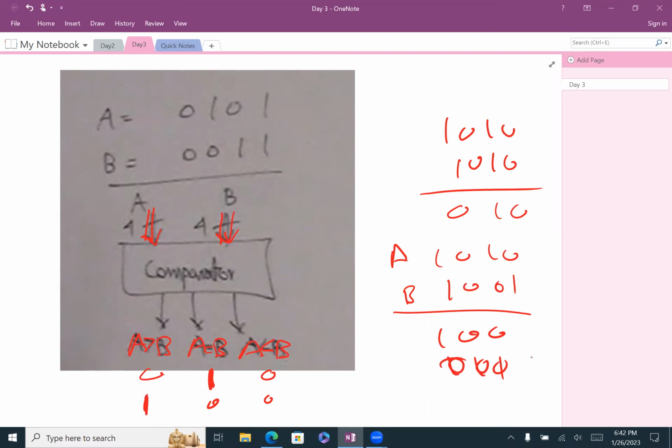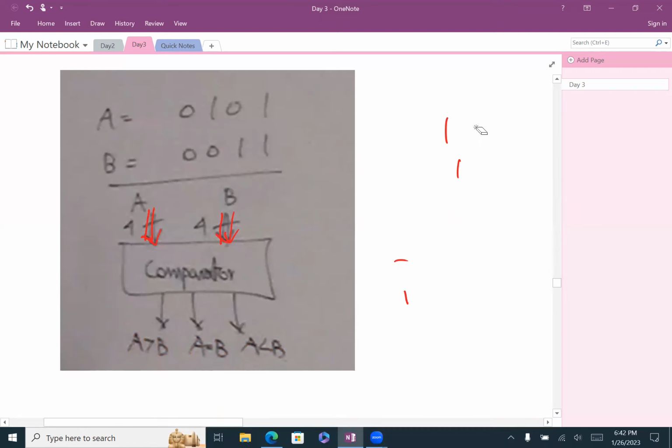Now the other question for you: do we really need 3 outputs here? Can we eliminate some of the outputs? We can eliminate. Okay, what can we eliminate?